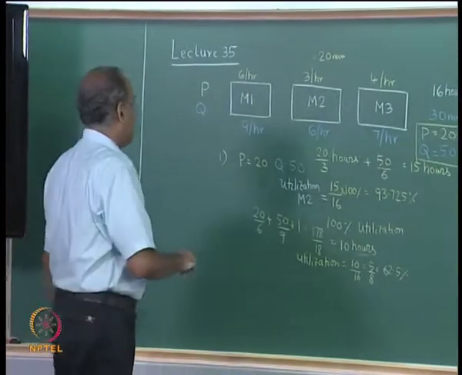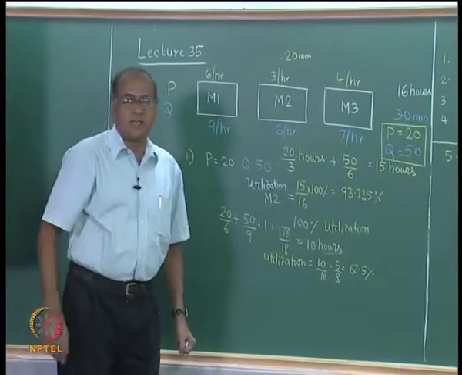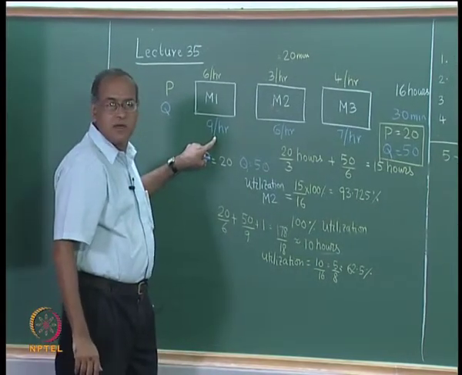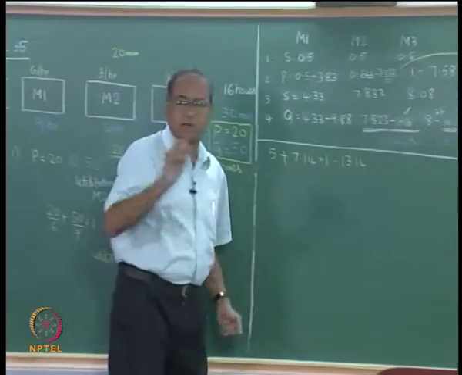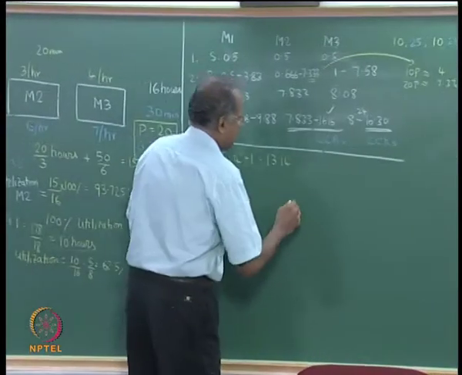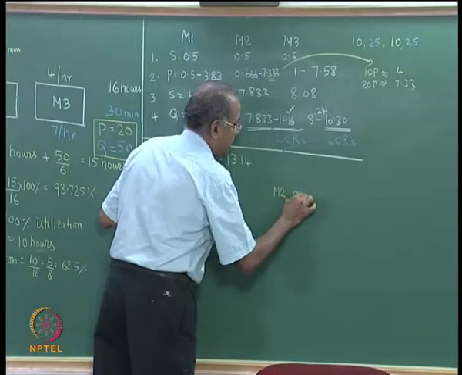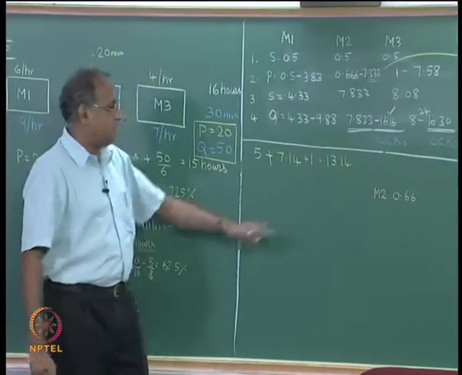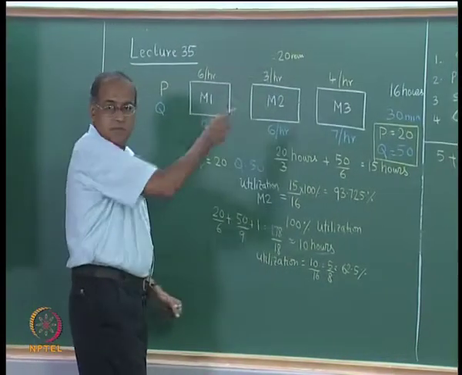But on the other hand, we could possibly try on this and see whether it will affect or not. Now, in order to do this, M2 should start P by 0.66, that is when the first piece of P comes out of this.